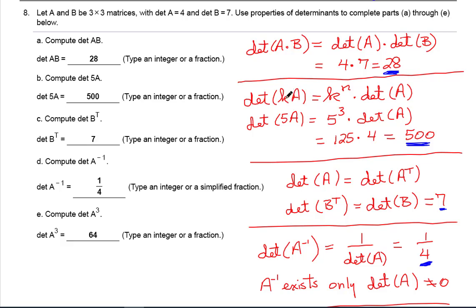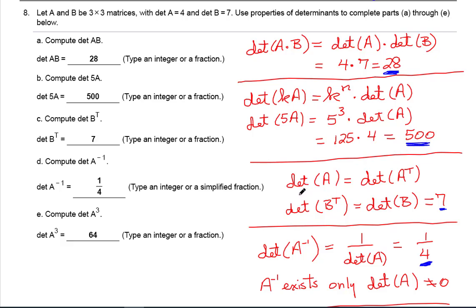Multiplying a scalar by a matrix is going to be k to the n. What's n? n is the size of matrix A. So k to the n times the determinant of A. And so 5 times A, well, if A is 3 by 3, that's 5 cubed, which is 125, times 4, which is 500.